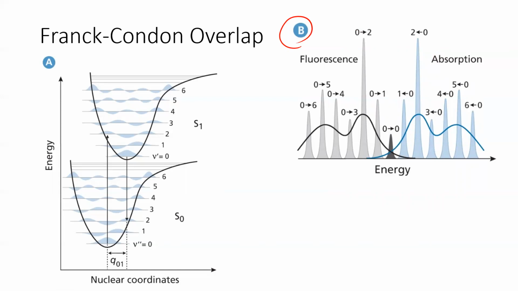Now, where does this sort of mirror image come from? Well, when we excite a molecule from the S0 to the S1, up to this point, we haven't talked about what happens to that molecule. But in reality, the way the electrons are distributed shifts a little bit, and that molecule can actually change its conformation just a tiny bit.